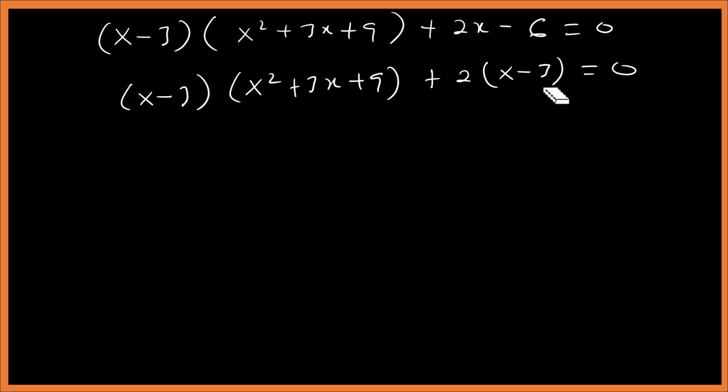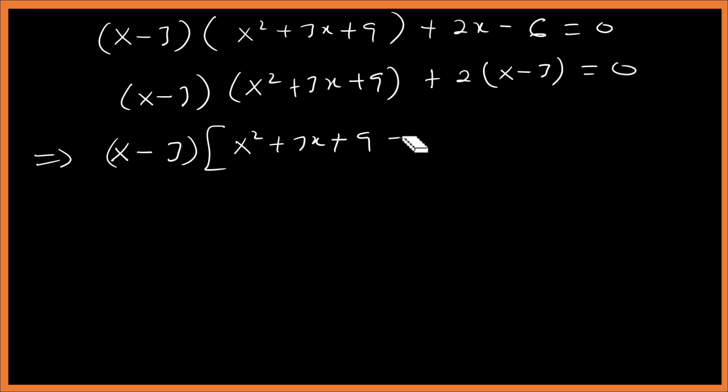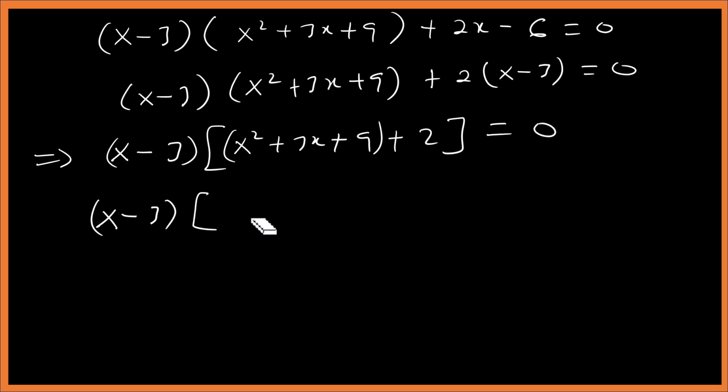Now from here I can take x minus 3 out, so x minus 3 times x squared plus 3x plus 9 plus 2 equals 0. So I have x squared plus 3x plus 9 plus 2, 11, equal to 0.